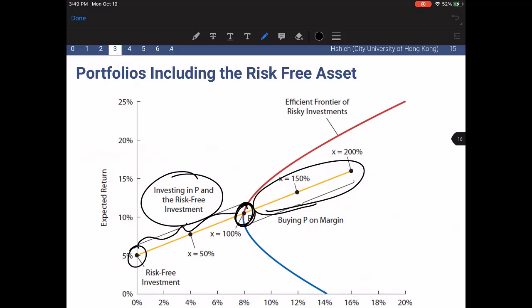So let's just do 150% x, which looks like a volatility of 12%. You get a much higher return than if you stuck with this portfolio on this line here.